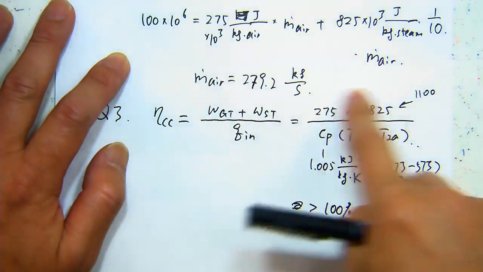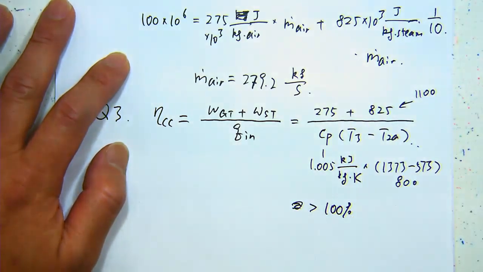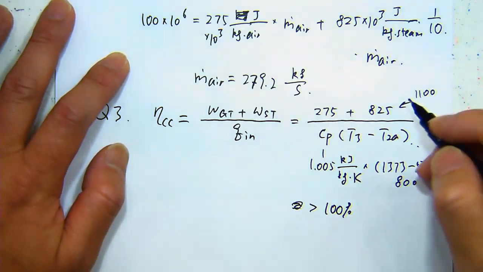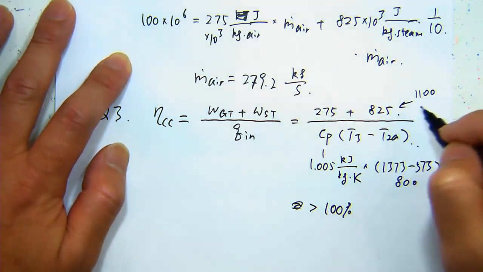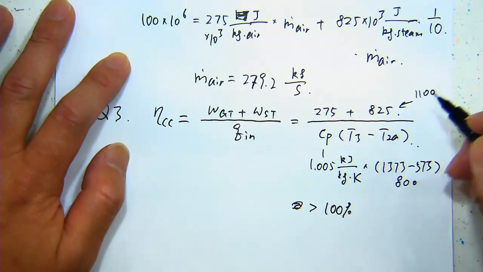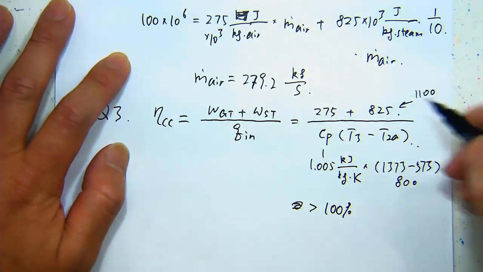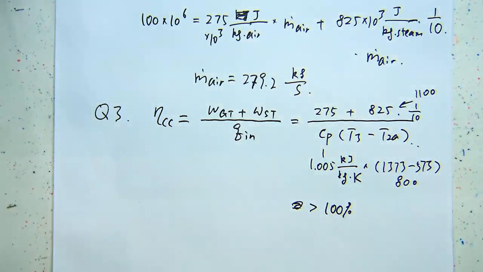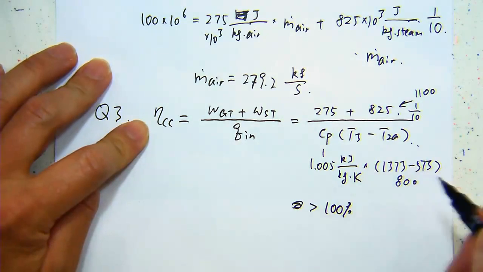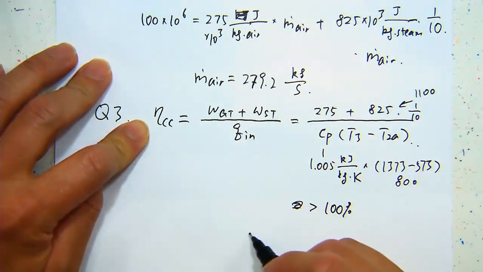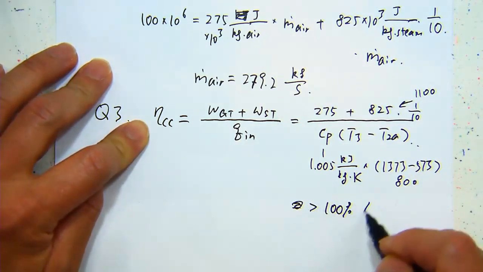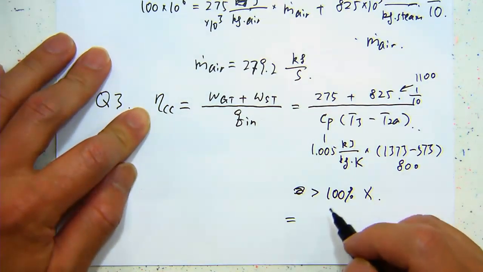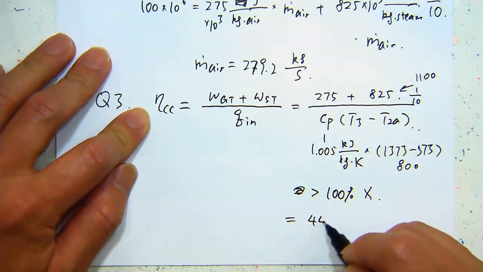So these two cannot be added together, even though both are kilojoule per kilogram, because it's a different kilogram being normalized to. So this one needs to be multiplied by the mass flow rate ratio of the air and the steam, which we figured out is 1 over 10. So then that's a reasonable number. If we consider that one divided by 10, we'll end up with 44.5%.